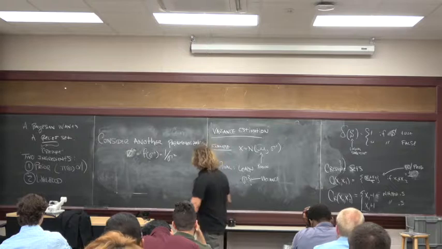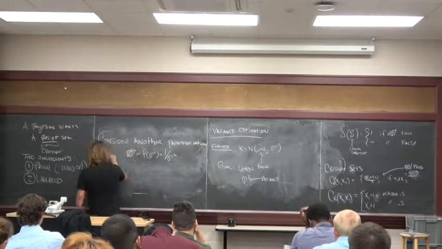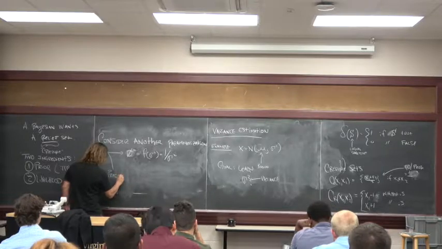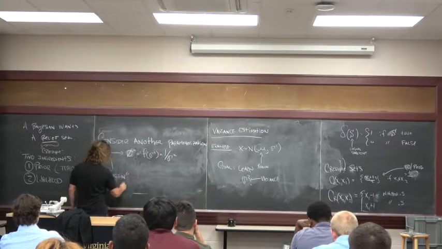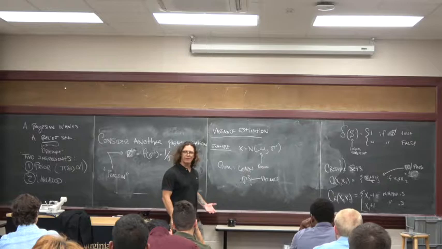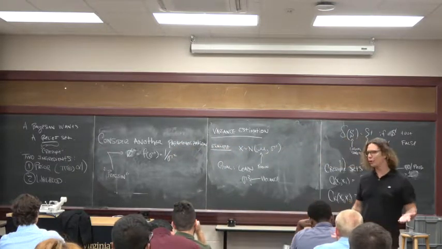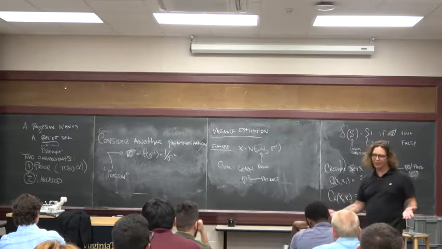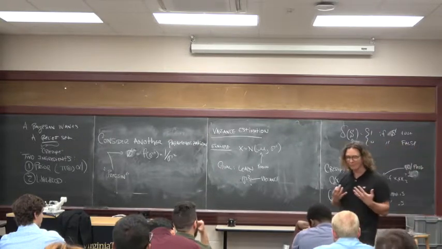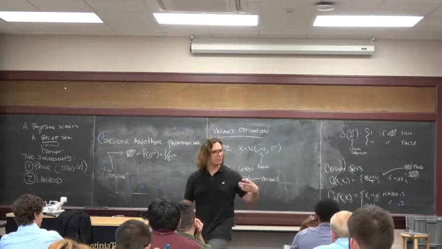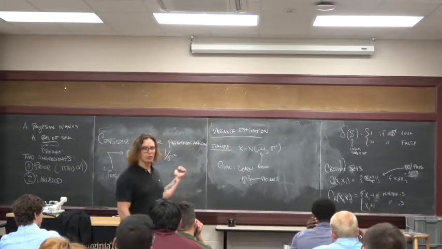This has a name in statistics, it's called precision. If I tell you the precision, you can tell me the variance. If I tell you the variance, you can tell me the precision. I'll argue that neither is inherent to us as humans, and that's the arbitrary part. We just choose to talk about sigma squared. We could have chosen to talk about this other thing.